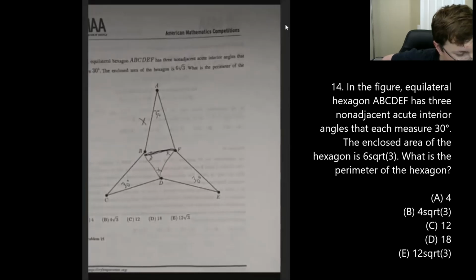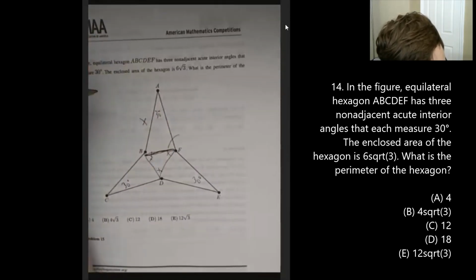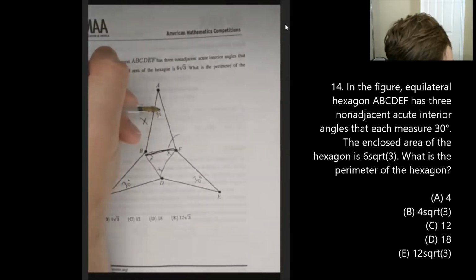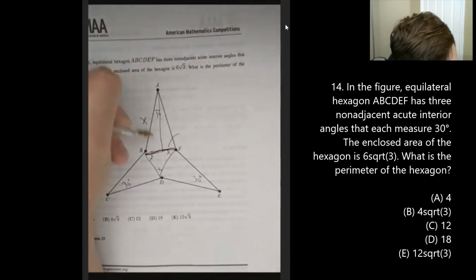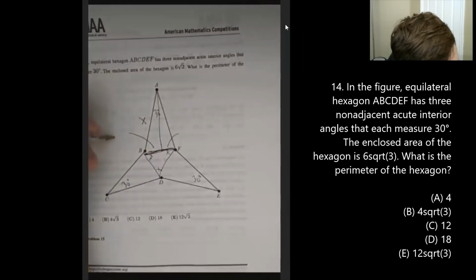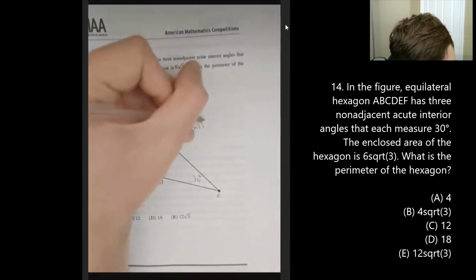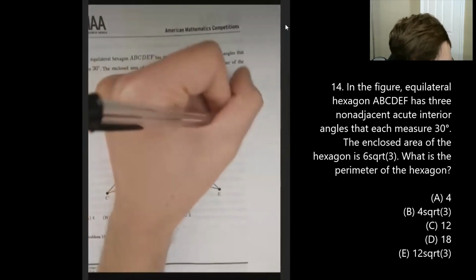Okay, so I just need to find X. So this side here, this is not going to be pretty, but I cut this angle in half and I get two 15-degree angles. So this is X sine 15 degrees. So the whole thing is 2X sine 15 degrees.